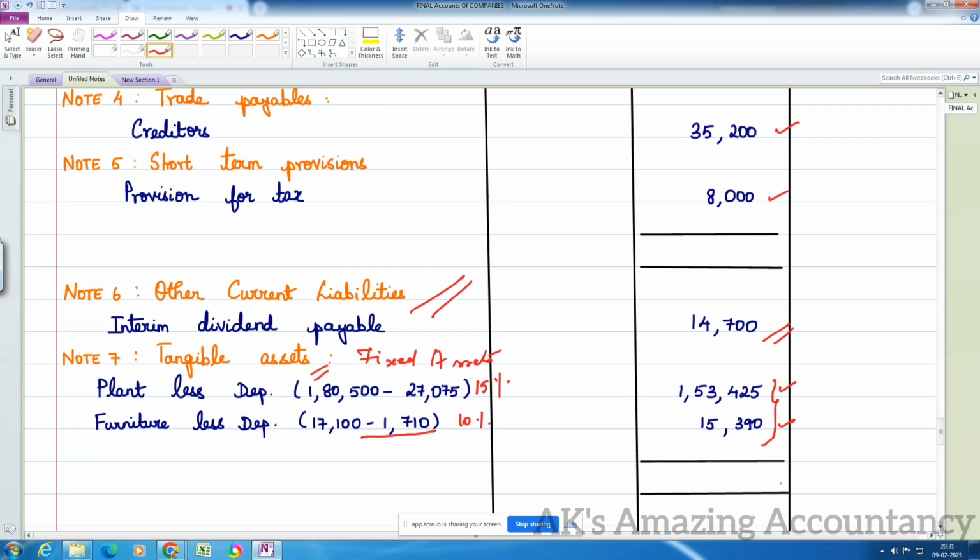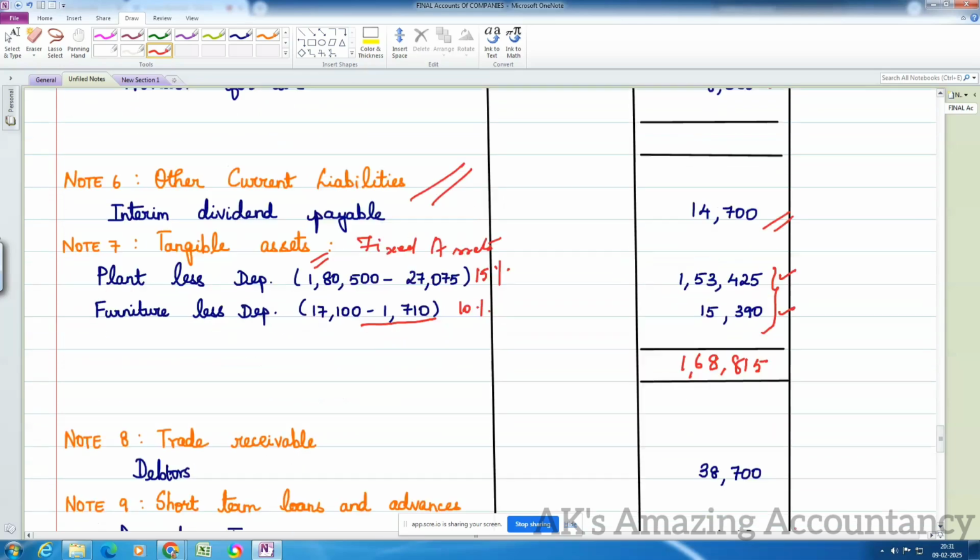So you will be getting a total as 1,68,815. This will be the total of note 7 tangible assets.